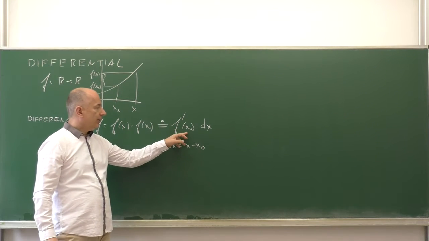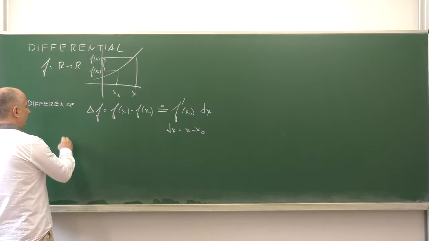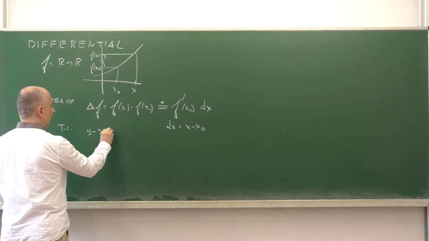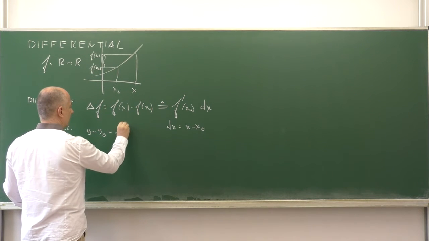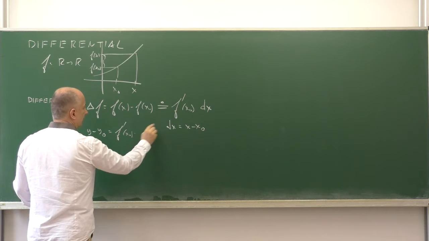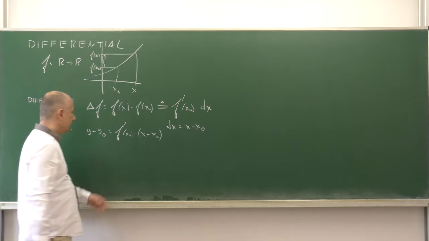And this is very similar to the equation of the tangent line. If you consider the tangent line, then we have y minus y0 is the slope, which is the derivative, times, and instead of dx, we write x minus x0. So this is the tangent line.